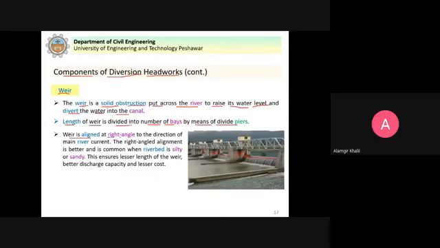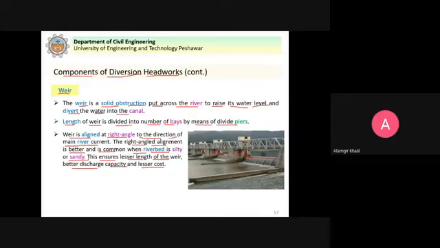The weir is aligned at right angle to the direction of the main river flow, the main river current. The right angled alignment is better and is common when the river bed is silty or sandy. This ensures lesser length of the weir, better discharge capacity and lesser cost.